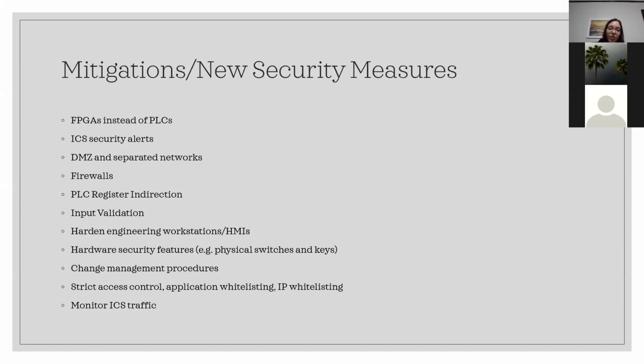And then just being very strict about what can be on that engineering workstation. Yeah, like email should not be allowed on the engineering workstation. Phishing should not be something that can impact engineering workstations. But some places don't do that and things happen.